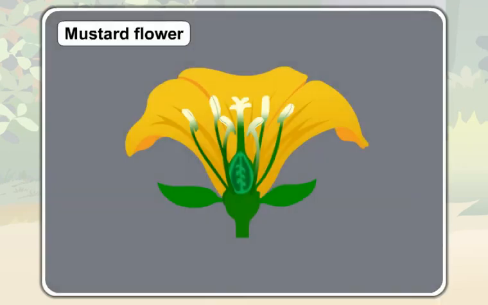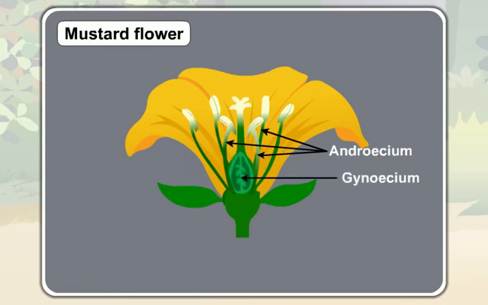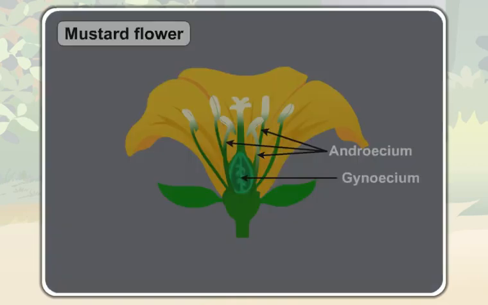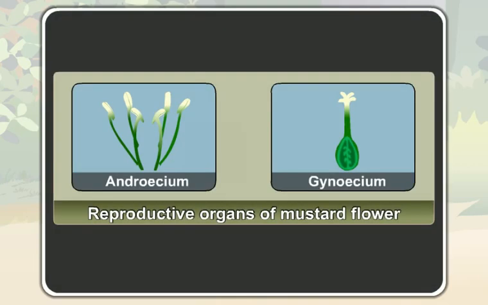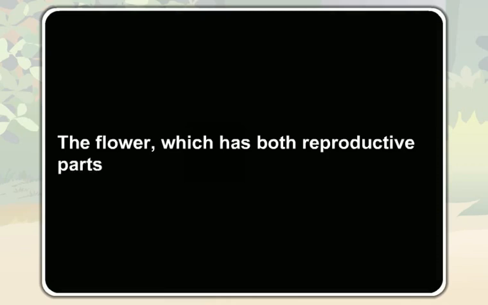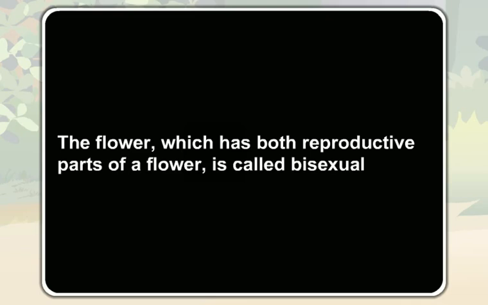Now, have a look at this mustard flower. This is its androecium and this is its gynoecium. The mustard flower has both the reproductive organs. The flower which has both the reproductive parts of a flower is called bisexual flower.